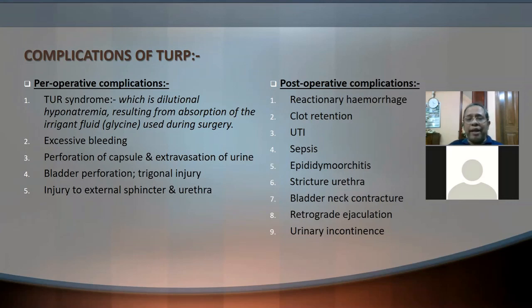Somebody says bi-channel, but in the book it is not bi-channel, it is a two-way and three-way catheter. The two-way catheter is used for all other patients except prostatic or bladder surgery. Where there is a chance of bleeding, always put a three-way catheter.